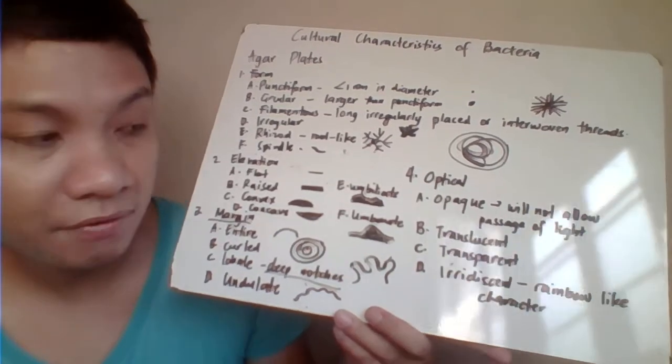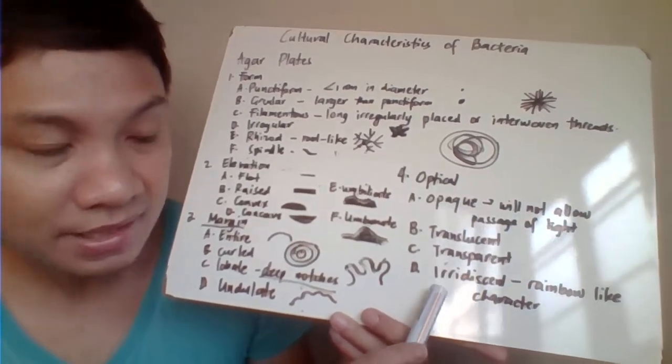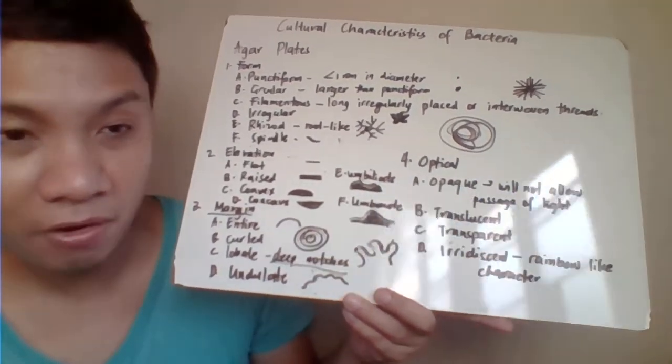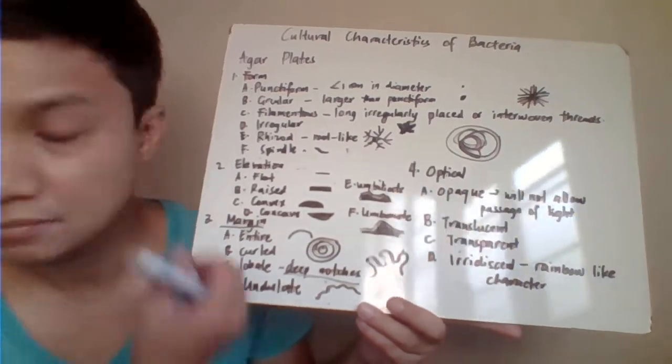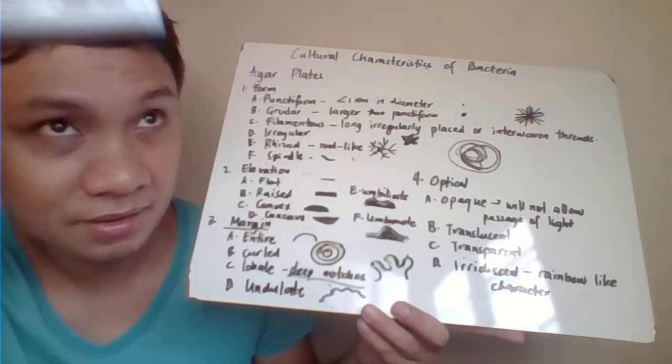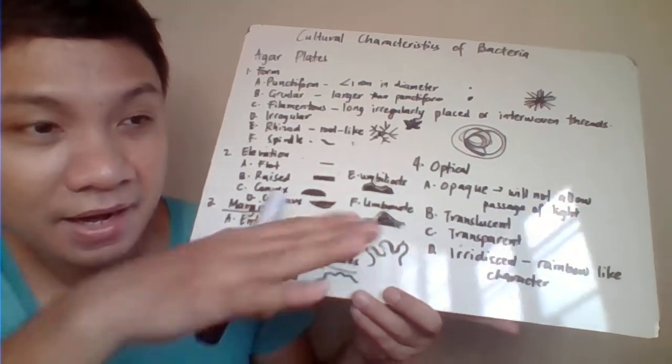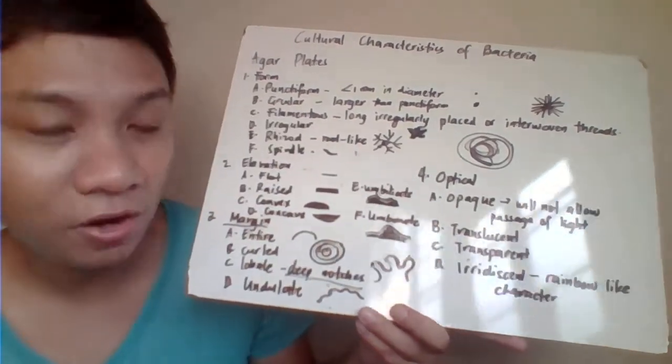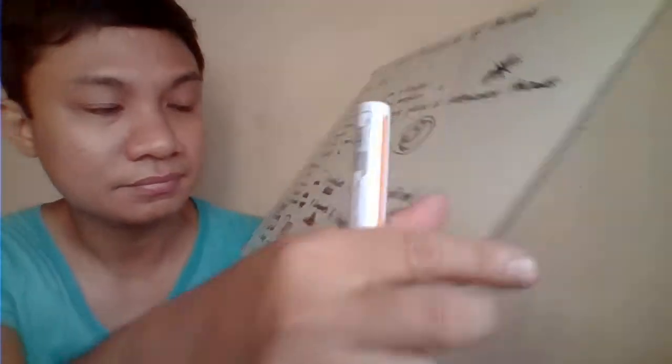Transparent is very clear. Iridescent has a rainbow color, like gasoline in water, where you see a colored sheen.